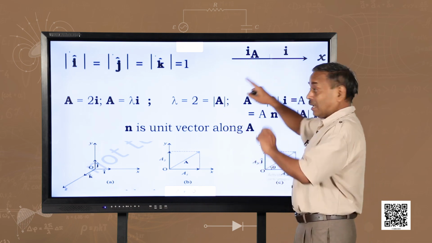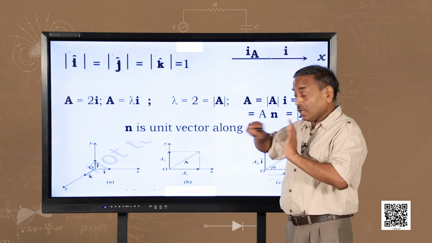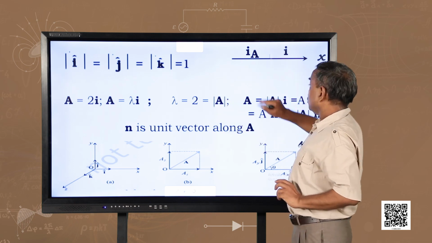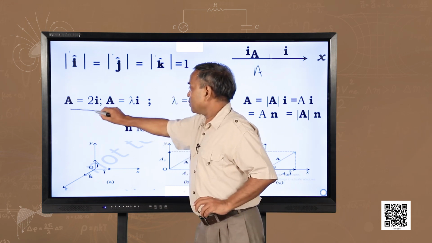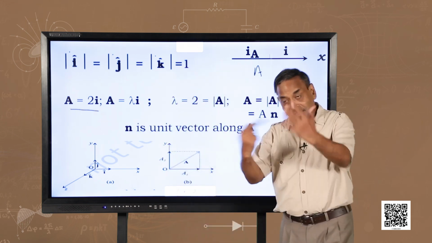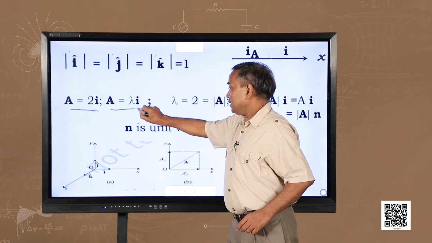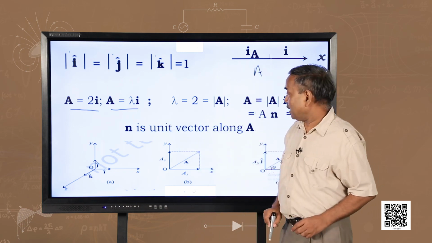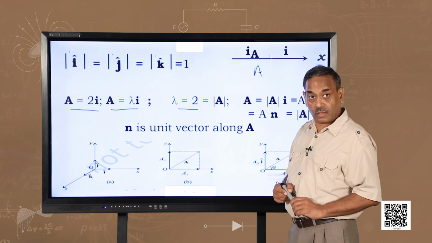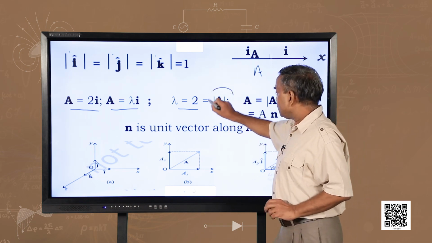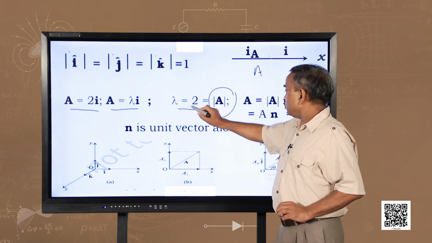So, along the x axis the unit vector is i. So, this vector A is simply 2i, and in general it is lambda i. In this particular case, lambda is equal to 2 and therefore, the magnitude of vector A is 2.